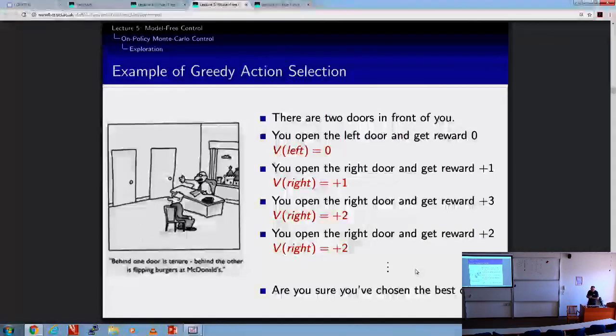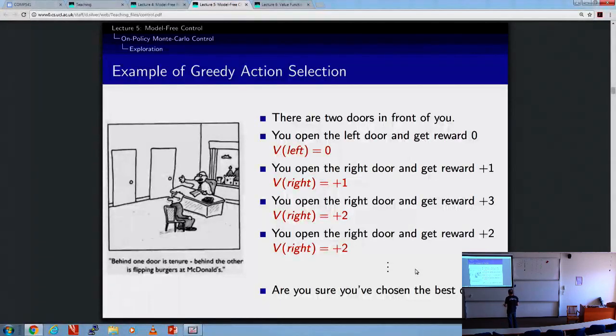The best way to understand this is a very short game where there's only one state, there are two actions, and you're going to decide on the ideal policy by learning. You don't have the model, you have to learn from experience. So of course, the rewards you get are probabilistic. If you open the same door, you might get different rewards. You don't know what the distribution is.